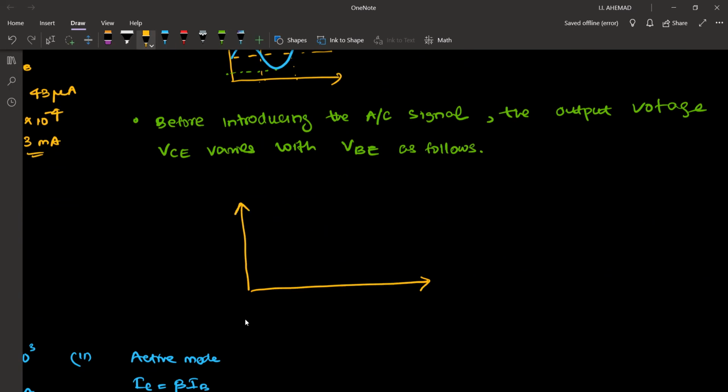VBE is not an AC signal. It is not the AC voltage because we didn't introduce the AC signal yet. This is before introducing the AC signal. Okay. Therefore, it is a DC signal. So to understand this, we will have to go back to an example question we did.